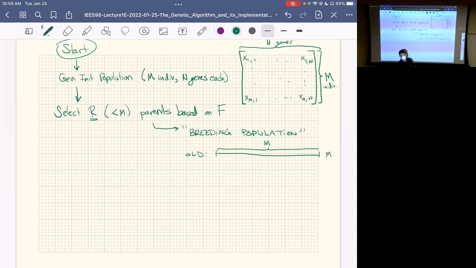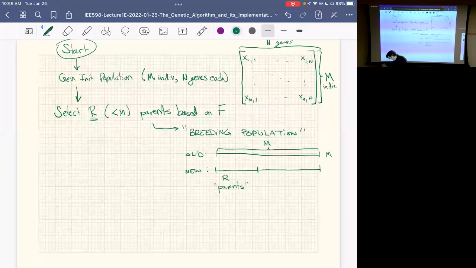But in our new population, for the next generation, we are going to have a split where there's going to be R so-called parents, and the M minus R others, and we can just call them offspring.